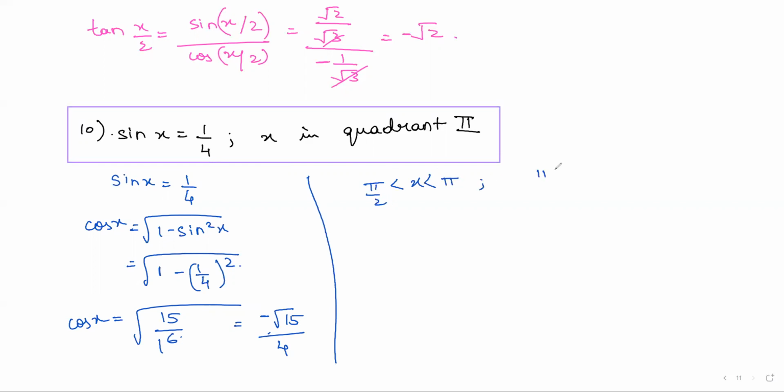Dividing it by 2, you get pi by 4 less than x by 2 less than pi by 2, which means this is the first quadrant. In the second quadrant, sine and cosec are positive, and in the first quadrant, everything is positive.